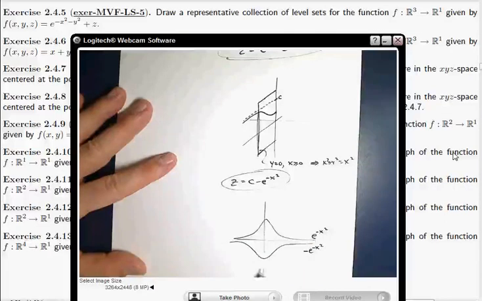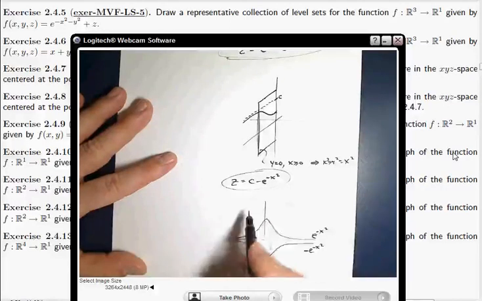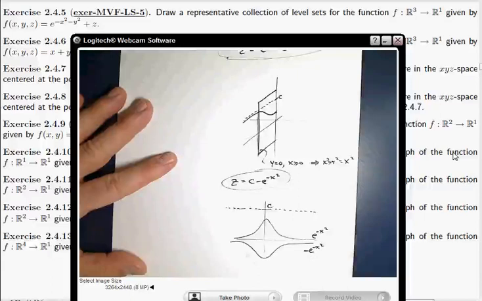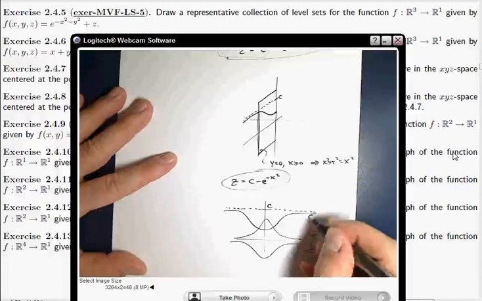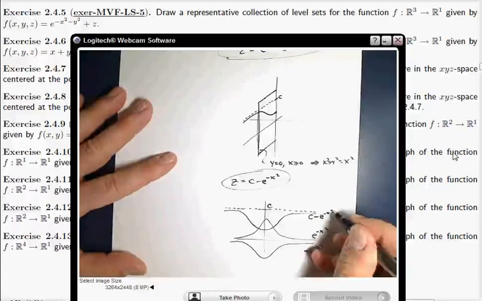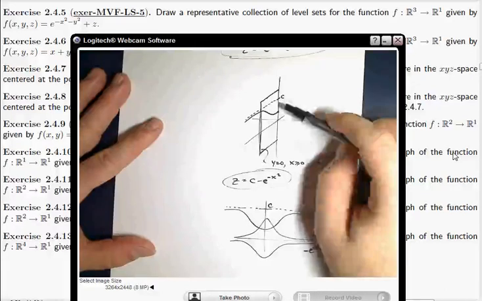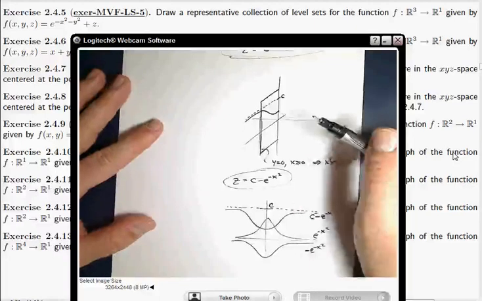And then c minus e to the negative x squared, this would just get translated up by some amount, if that's where c is, then c minus e to the negative x squared is like that. So c determines the shift up or down? Yep, that's right. So for different values of c, yeah, you get different curves. Absolutely. And it's also rotated around. Well, yeah, that's the thing.